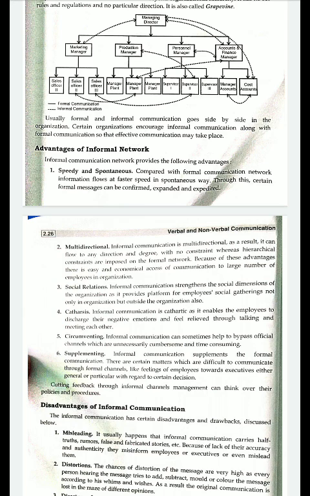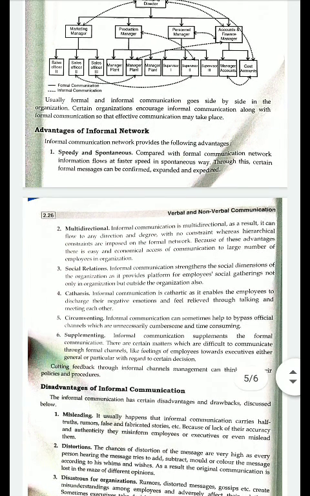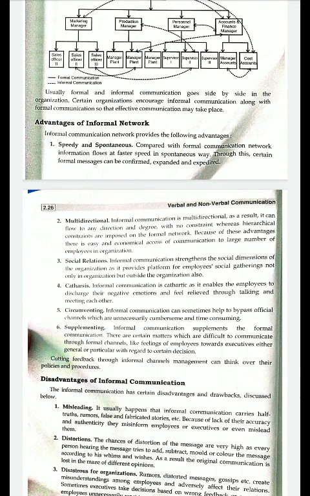In informal communication, a person's message moves from one department to another in a non-systematic manner, that is why it is multi-directional. Next one is social relationship. Informal communication strengthens the social dimensions of the organization as it provides a platform for employees' social gatherings, not only in the organization but also outside it.